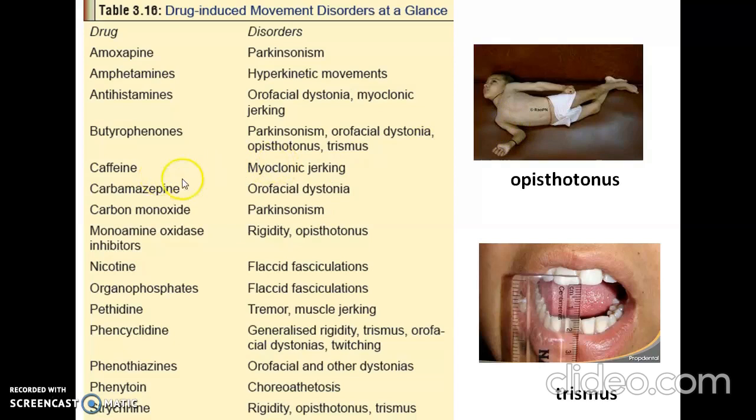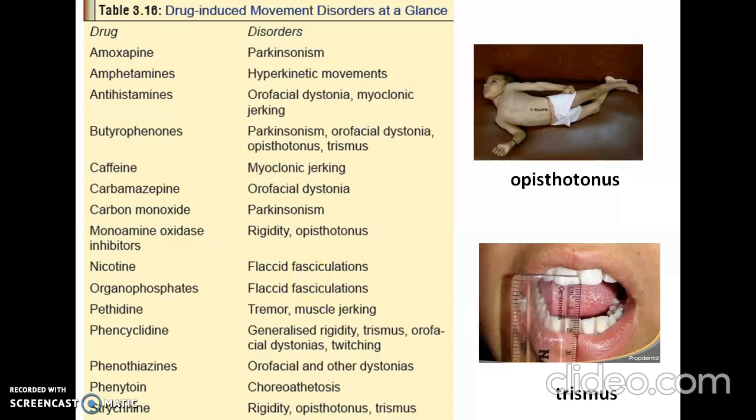Then even caffeine can cause myoclonic jerking, carbamazepine causes orofacial dystonias, carbon monoxide can cause Parkinsonism, and monoamine oxidase inhibitors cause rigidity. Then even it can cause opisthotonus situation. Then nicotine causes fasciculation.